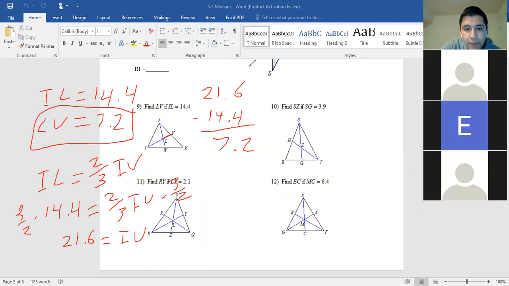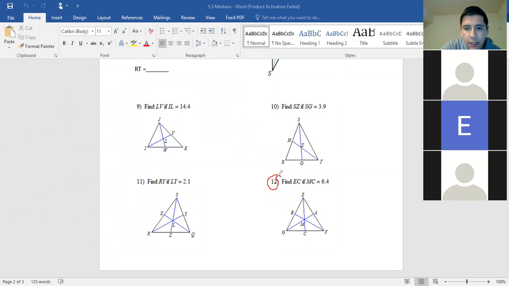Okay. So let's do one like number 12, okay? With that one, we're trying to find the entire thing, E to C. And they give us MC. So let's think, what is the relationship between MC and EC?